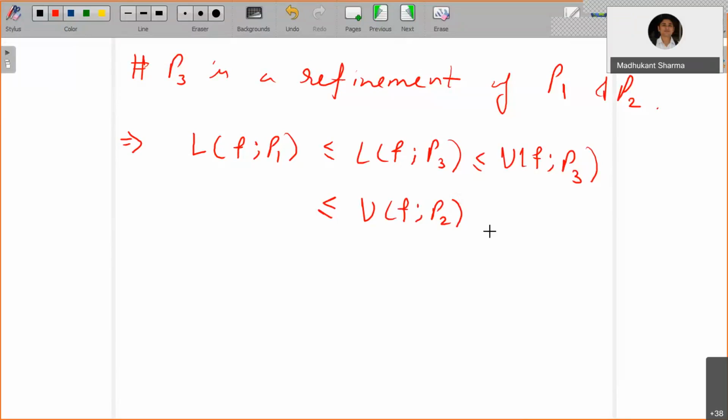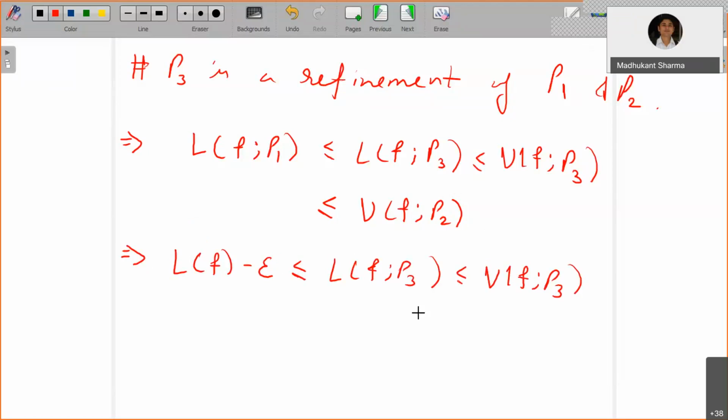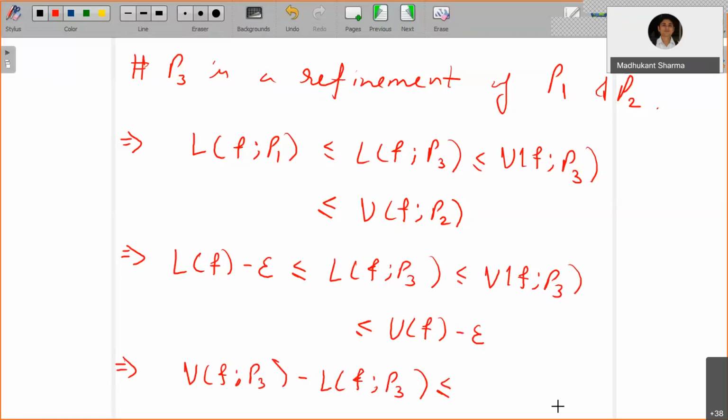Right? So this implies L of f,P1 is greater than or equal to L of f minus epsilon, less than or equal to L of f,P3, less than or equal to U of f,P3, which is less than or equal to U of f plus epsilon. So this implies U of f,P3 minus L of f,P3 is certainly less than or equal to U of f minus L of f.